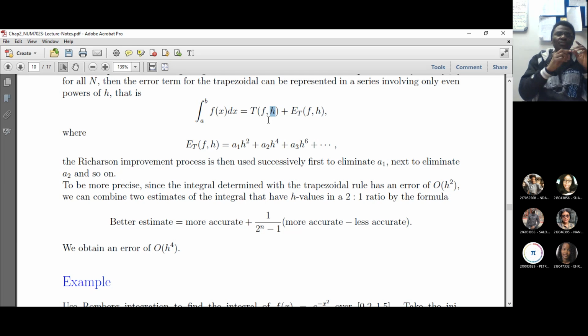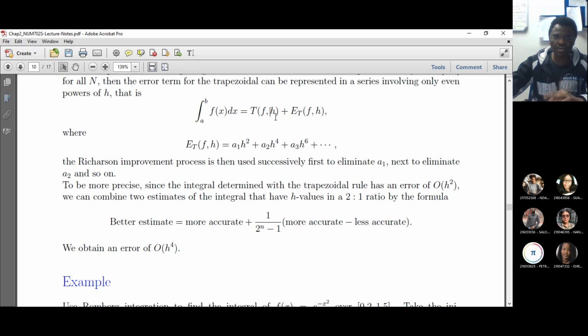We did something similar when we took the limit. So we compute the rule for h, and the next time we use the same rule with h by 2.